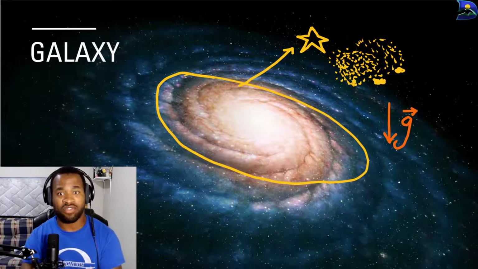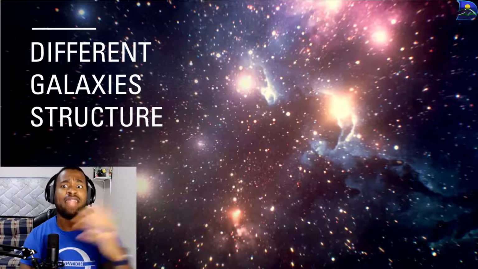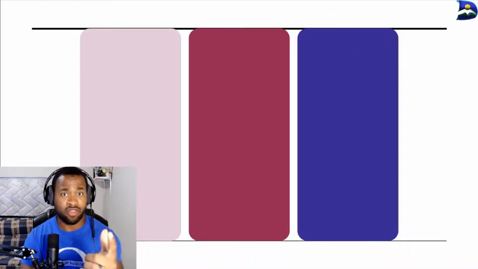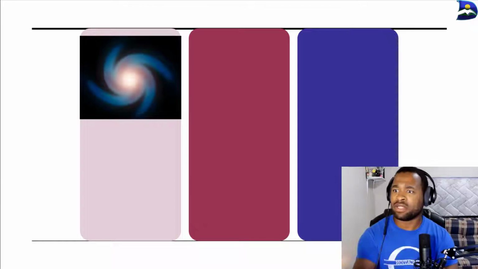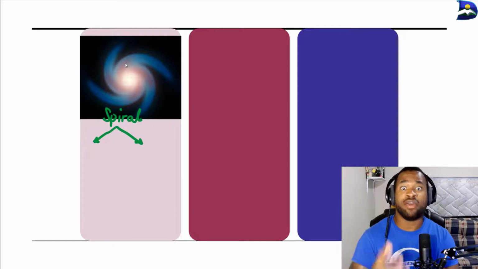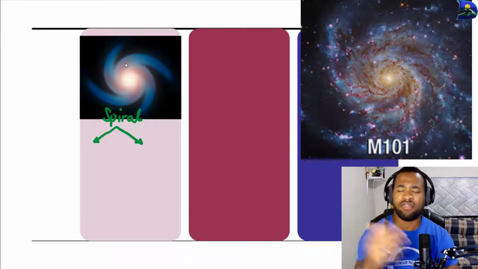about that very soon. Now we're going to look at the next part, which is the different galaxy structures that are out there. There are in general three, as we see right here. But first, we're going to look at this particular image that is shown right here, which is called a spiral structure. And this spiral galaxy has two different types.